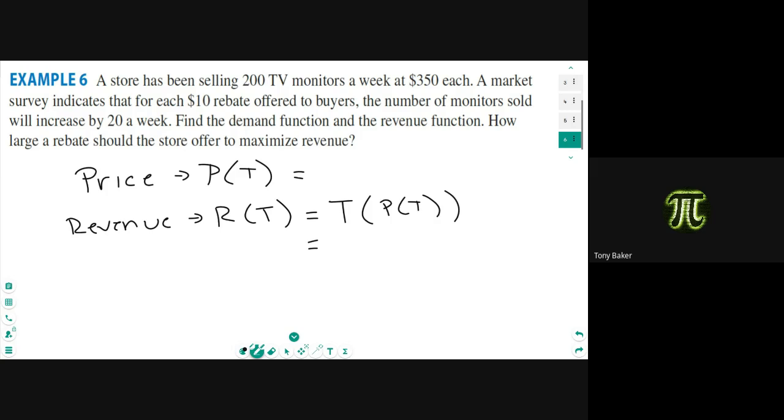It will be a linear relationship, I will tell you that. So your price does not have any squares or anything else.